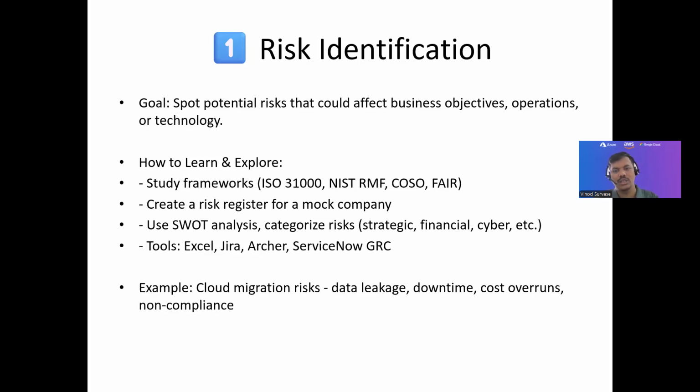So you must know about these things, right? Where you can use SWOT analysis, categorize risk as strategic, financial, or cyber threats, or any other, right? And what are the tools that you are going to use, including Excel, Jira, ServiceNow, JRC, Archer. So these are the few tools that I have mentioned here. And also you would see an example, let's say, cloud migration risks, where data leakage, downtime, cost overruns, and non-compliance, right?